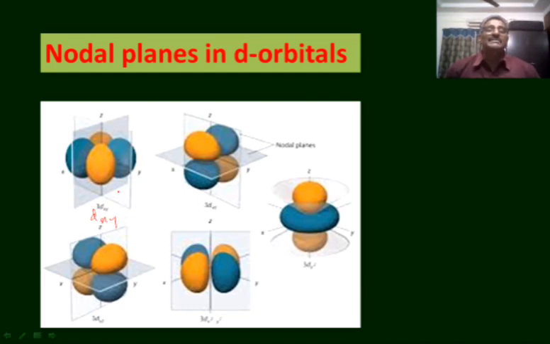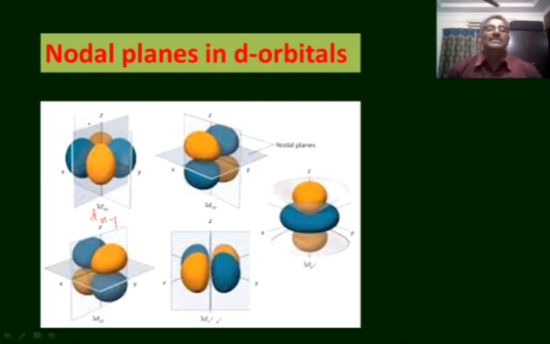For this dxy orbital, the lobes are in the xy plane. If the lobes are in the xy plane, we can assume two imaginary planes. In between the axes, we assume two imaginary planes which are passing through the x-axis and y-axis and through the nucleus.